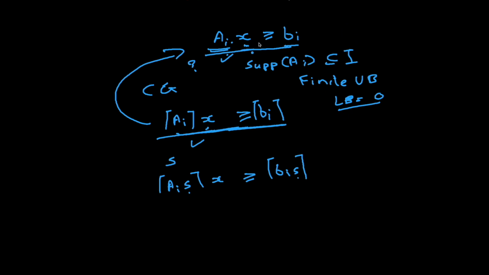Let's first of all make all the right hand side equal to 1. So we will have our left hand side, which will be AI by BI times x, greater or equal to 1.